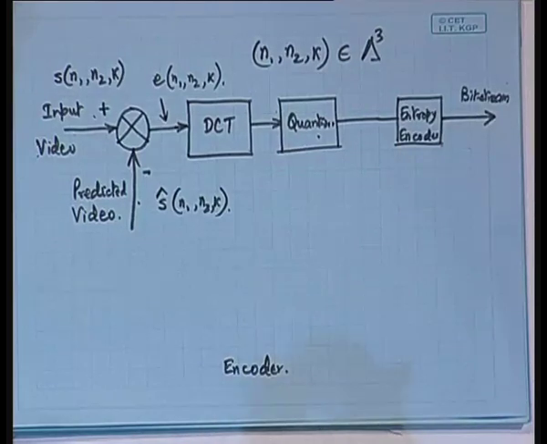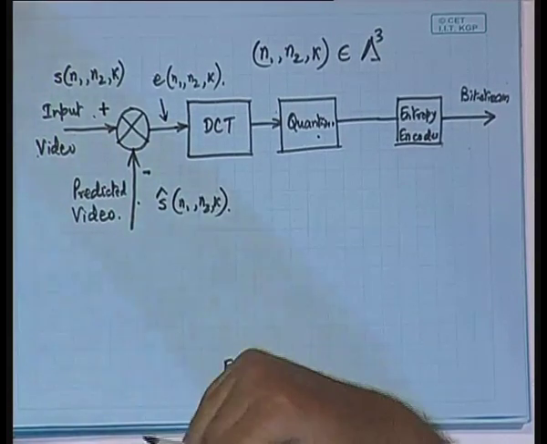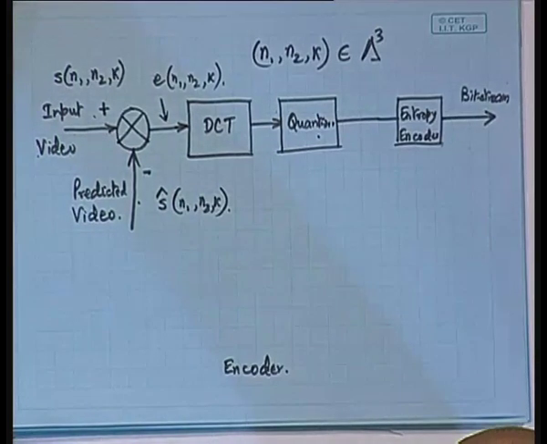The only fact that I made a brief mention is that the predicted video should be generated from the past video frames. So, I must have the signal corresponding to S n1 n2 k minus 1, or in general k minus L, where L is a number greater than 0.